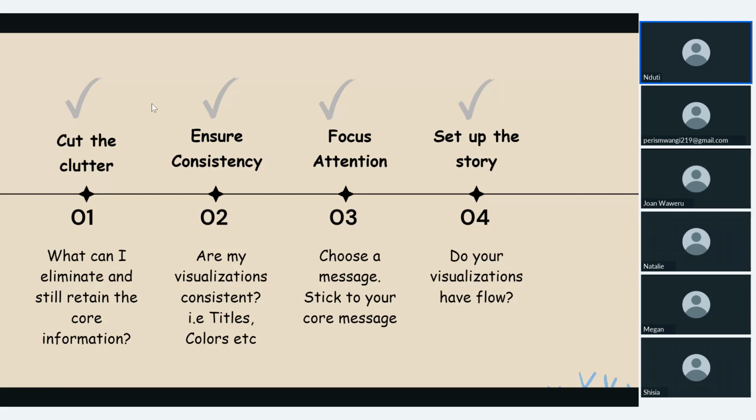So if you're showing a visualization about the various customer segments in your customer base, ask yourself: is this visualization focusing attention on the message I'm trying to put across? Is it helping me put my message out there more easily, or is it even hindering that?